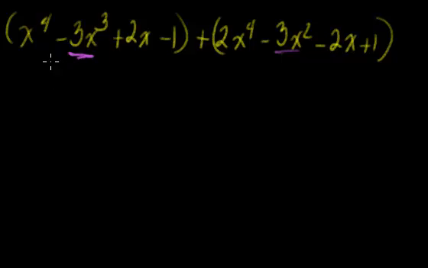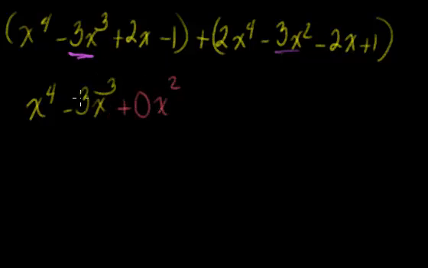So the first thing we're going to do is we're going to line these up, and then we're going to compensate for that by adding a 0 for a coefficient. So let's start by lining these up horizontally. So x to the fourth minus 3x cubed. Where we don't have the term, we're going to put a 0 for our coefficient here.